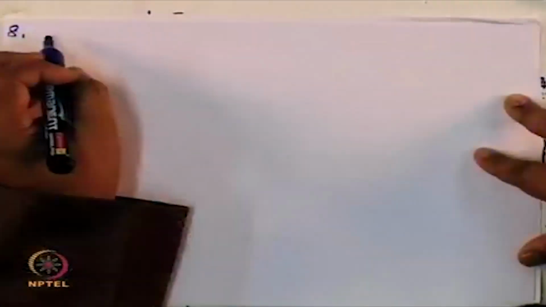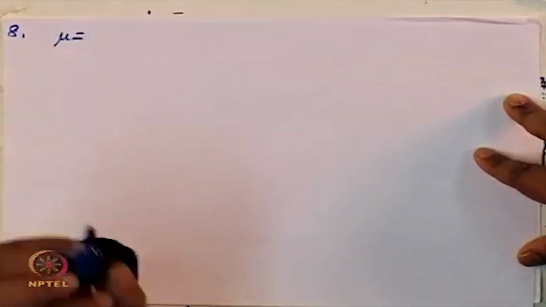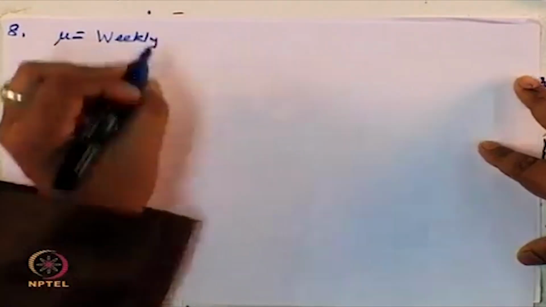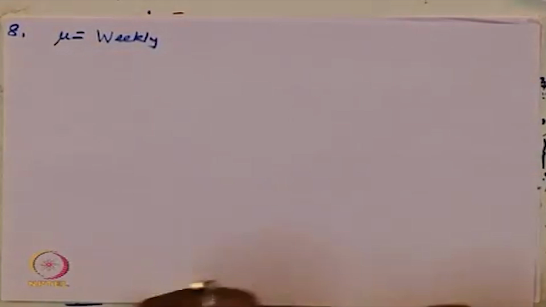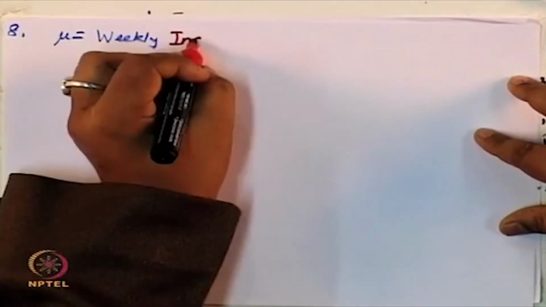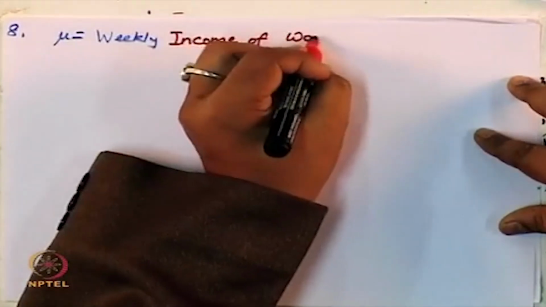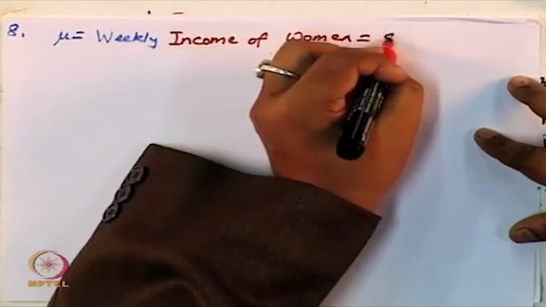So, what you have been given is mu is equal to the average weekly income of women, equal to $670.